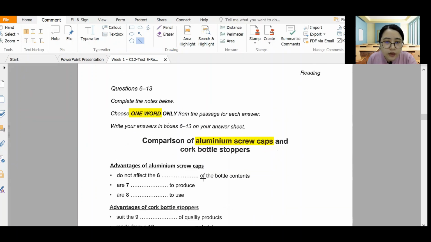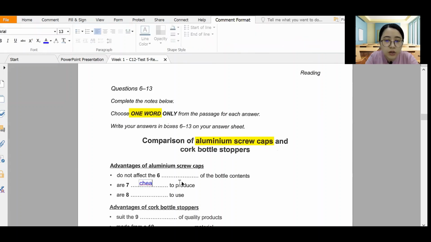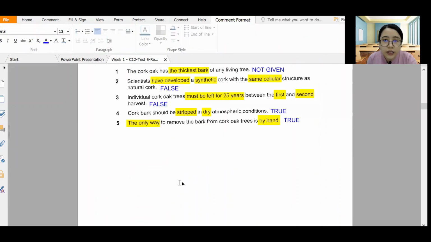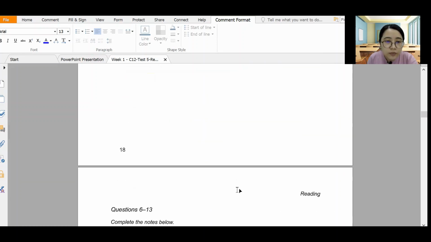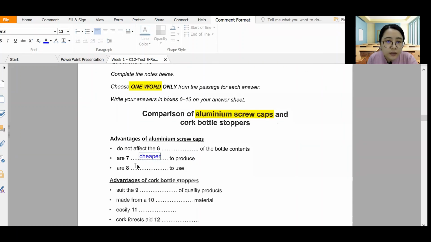Let's see. Do not affect the yield of bottle contents. So I believe number 7 is cheaper, because just now we see the word cheaper. Cheaper to manufacture means cheaper to produce, and more convenient. So I think number 8 is convenient.